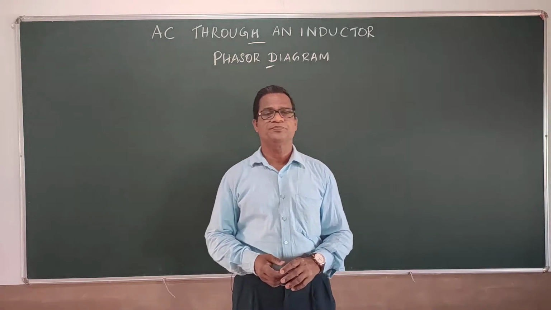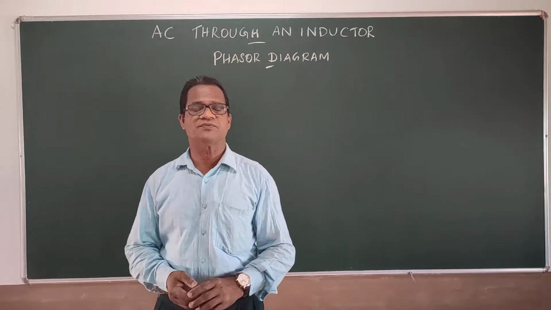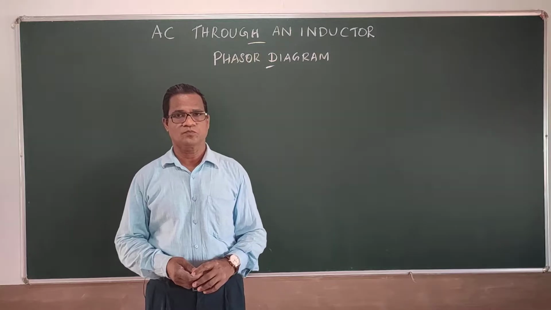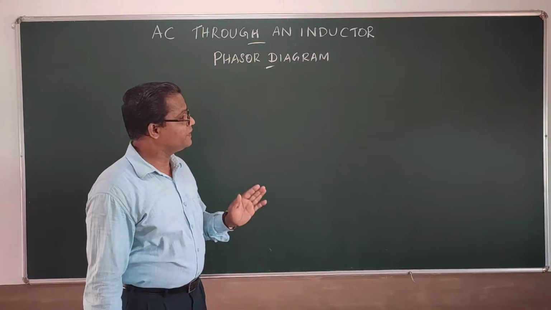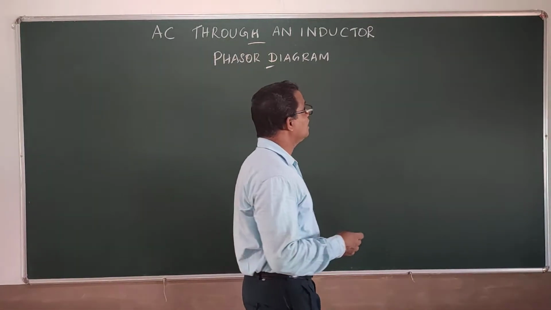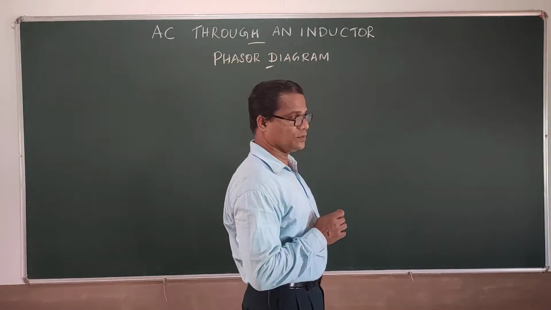In this session, we discuss the phasor diagram analysis for the AC flowing through an inductor. So to draw the phasor diagram for AC flowing through an inductor, we have to first consider how the voltage and currents are in the circuit.